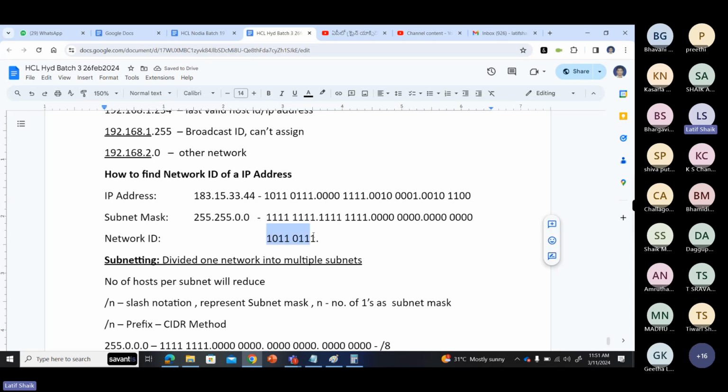See, this first one is 0 1 0. Here also 0 1 0. Remaining are 1 1 only. Again, this is 0, this is 1, so we will get zeros only. These are 0 1 0 1 0 1 0 1. These are all 1 1s only.